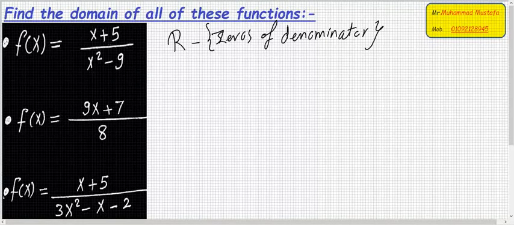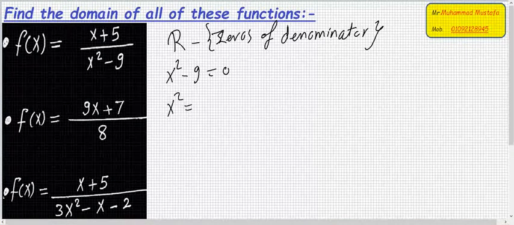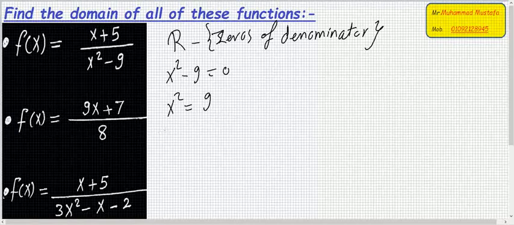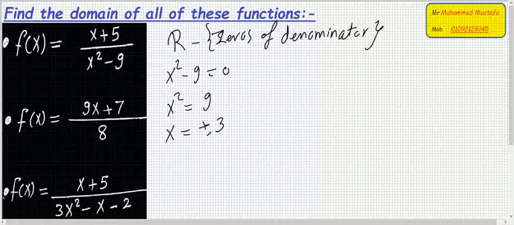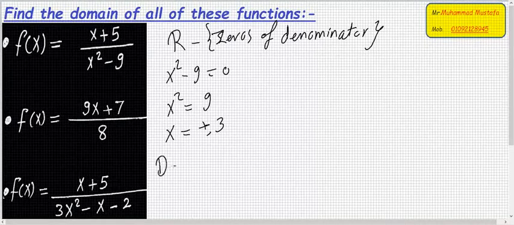F of x is x plus 5 over x to the power 2 minus 9. We put x to the power 2 minus 9 equals 0. X to the power 2 equals 9. Taking the square root, x equals positive or negative 3. Then the domain equals R except 3 and negative 3.